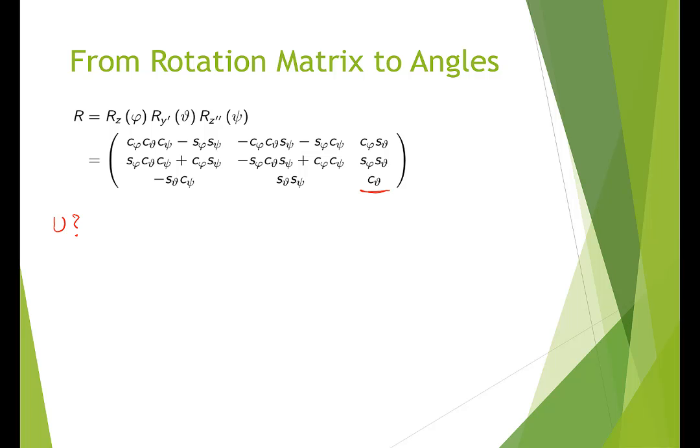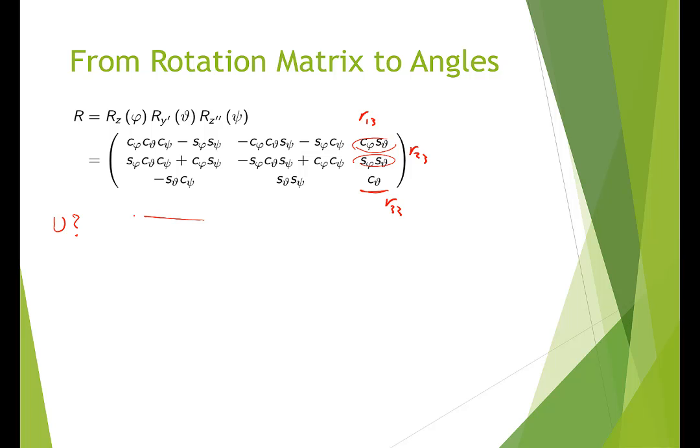But the problem is arc cosine will give you two angles for a specific value. So it's not good to use arc cosine or arc sine or even arc tangent. We prefer to use arctan2. Let's look at these two first. Let's call this R13, R23, and this would be R33.